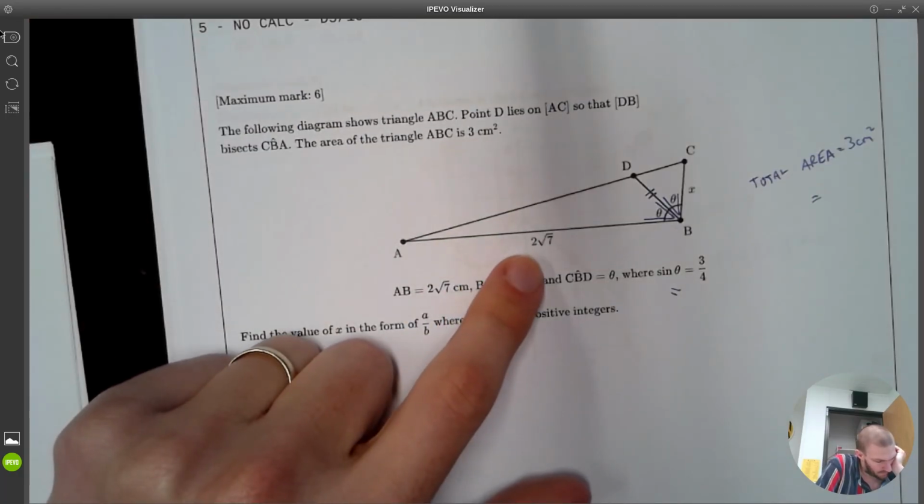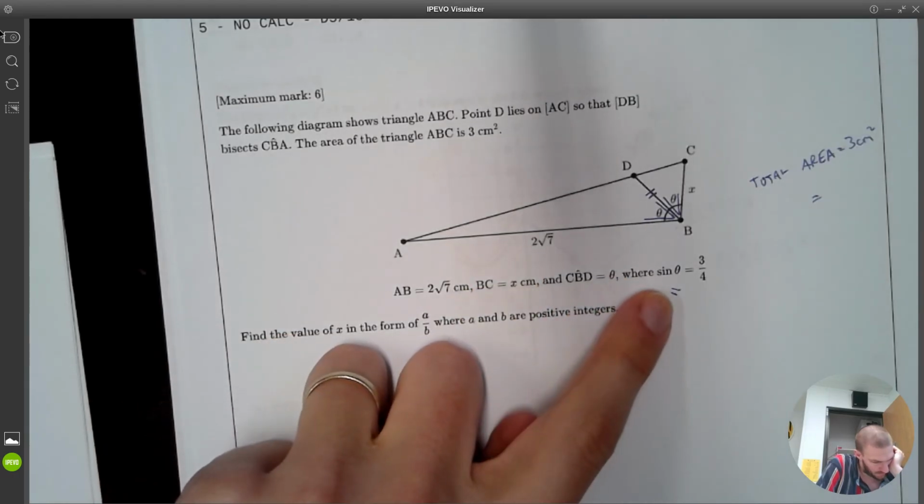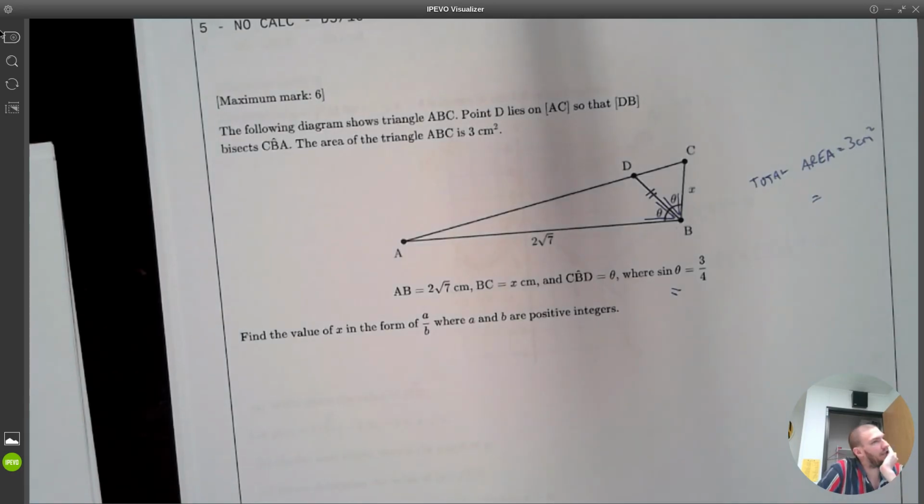If I want to use sine of theta is equal to 3/4, I'm worried about that because we don't have right triangles.